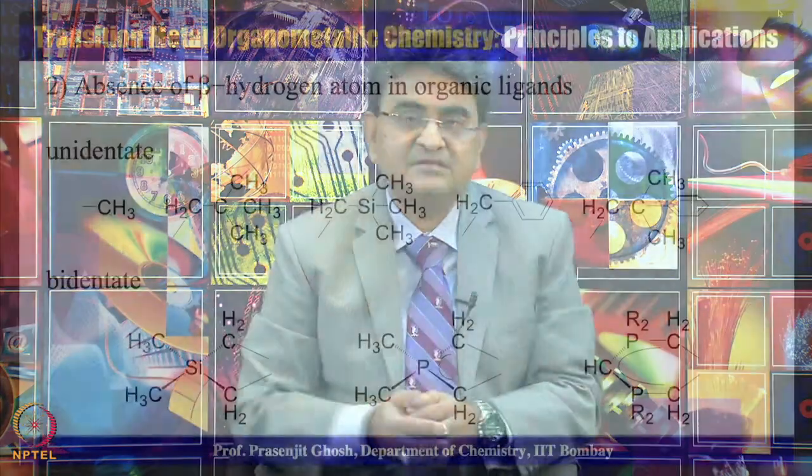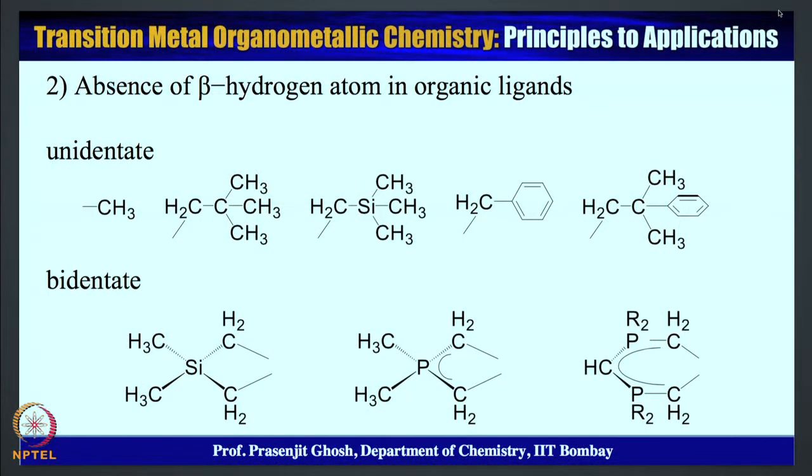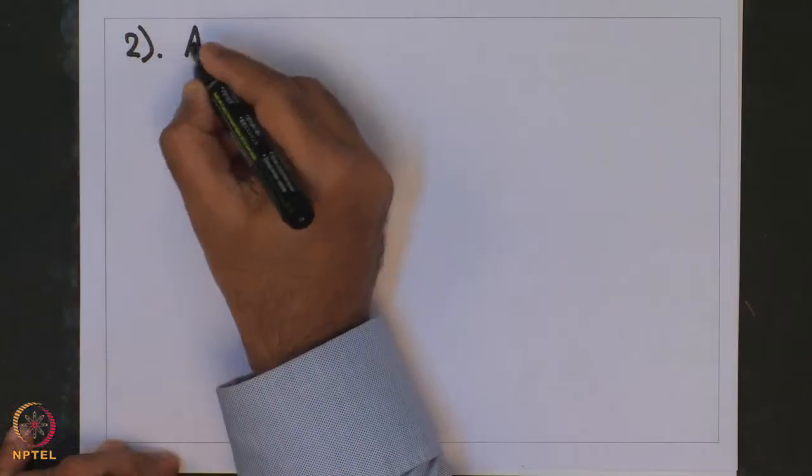Now, let us look at the next strategy, which is the absence of beta hydrogens. This strategy revolves around the fact that if there is no beta hydrogen in the sigma alkyl complex, then obviously beta elimination may not happen.